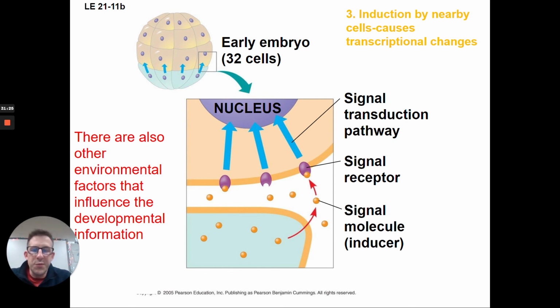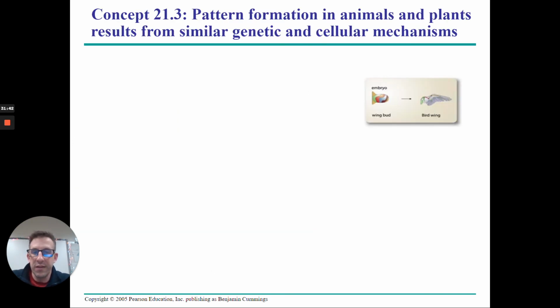But I've at least planted the seed of knowledge here, the fact that chemical signals are vitally important to the determination and ultimately differentiation of cells in the early developing embryo. Okay? And as we get into the next video, so I'm going to take a break here. As we get into the next video goes a little bit deeper into it and talks about how we set up the body plan, how we set up the pattern of what the final organism is ultimately going to look like.